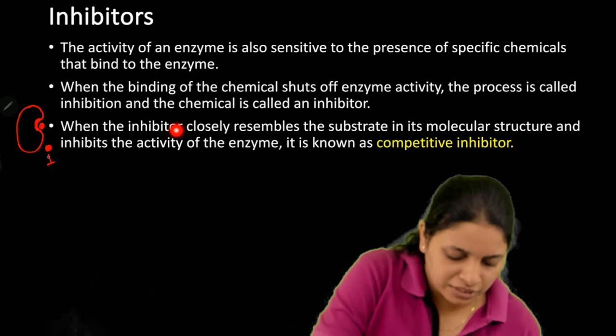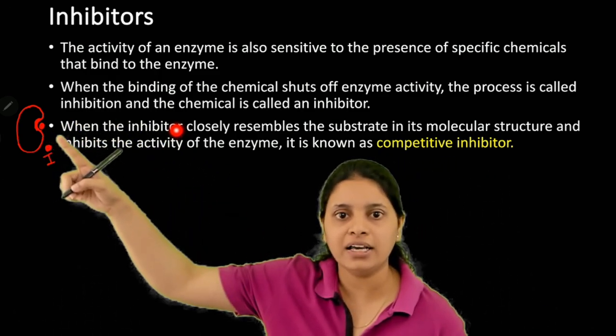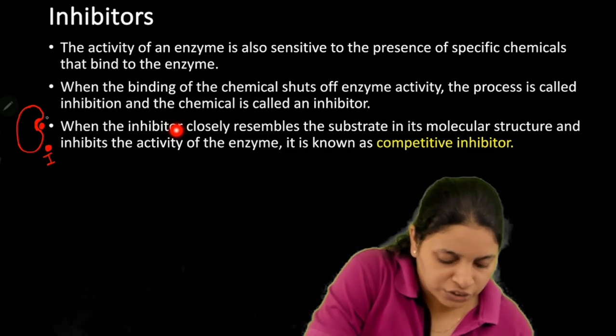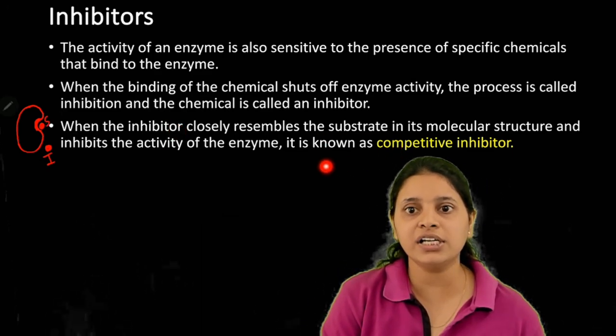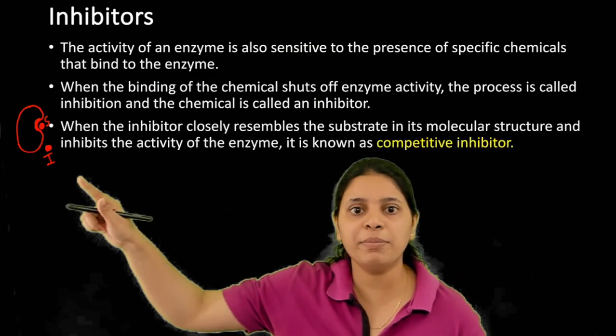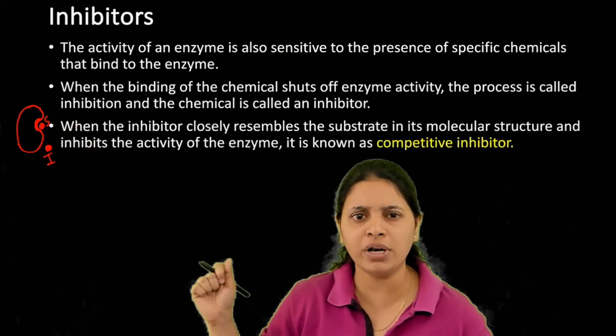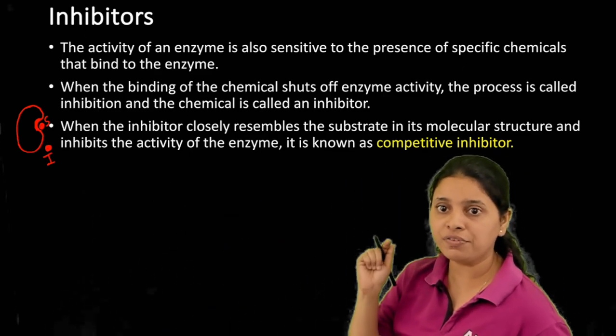This inhibitor molecule can easily bind to the active site and hence now the original substrate cannot bind, right? And as there is literally a competition between the inhibitor molecule and substrate molecule, like who will bind first to the active site, that is why such inhibitors are called competitive inhibitors.